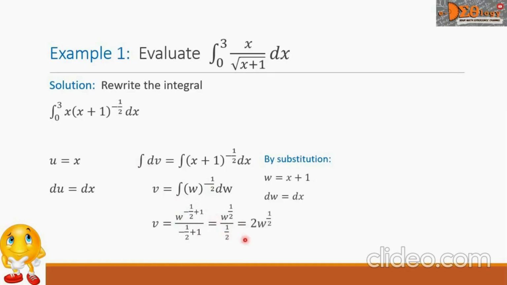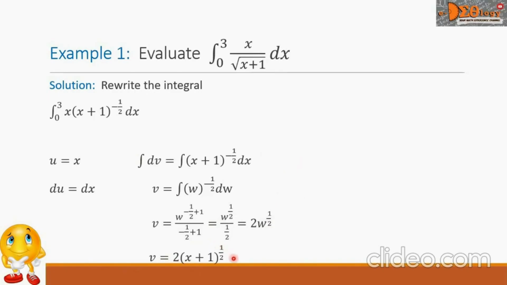So we have now the value of v as 2 times w raised to 1/2. From here, let us return the value of w with respect to x. That is x plus 1. So the value of v is equal to 2 times the quantity x plus 1 raised to 1/2.